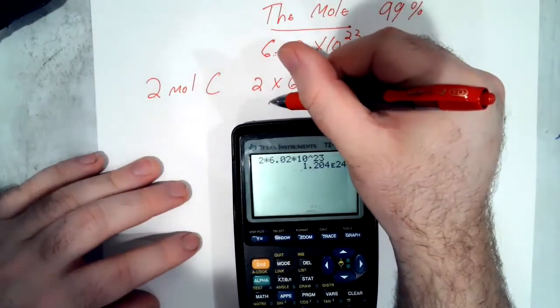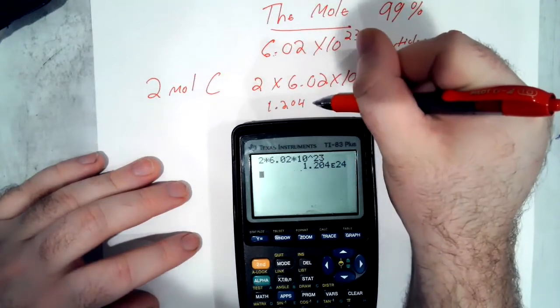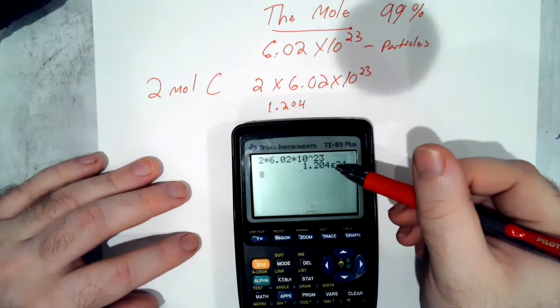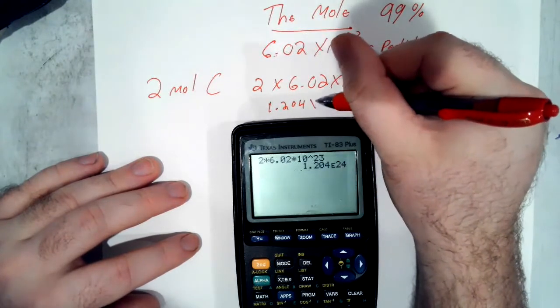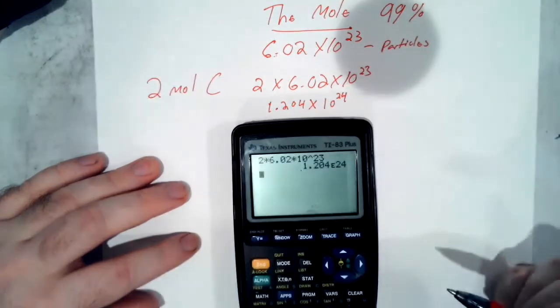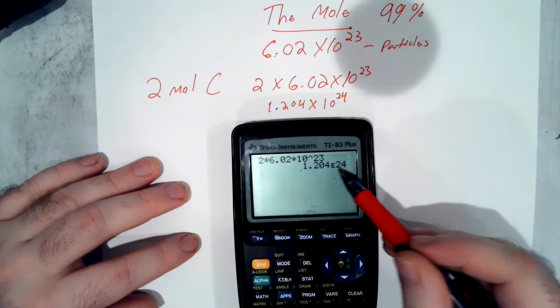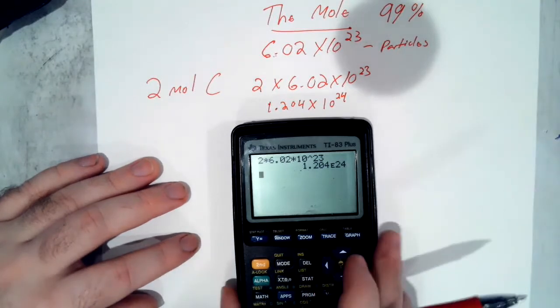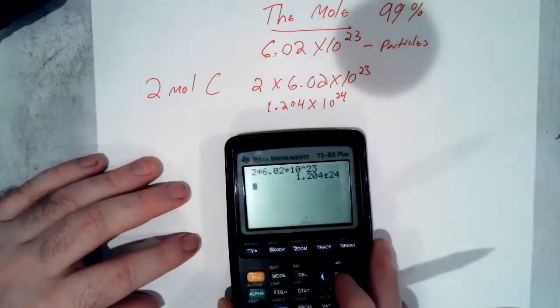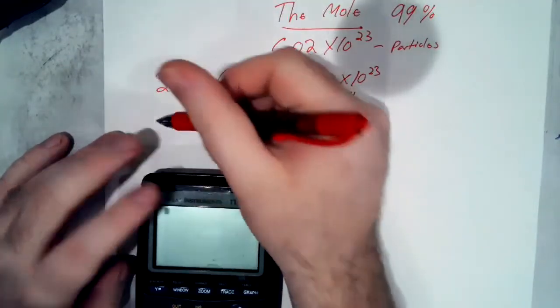Well, 1.204, that capital E right here, means times 10 to the 24th power. So when you see capital E, that means times 10 to the, and the number that comes after is the exponent. Okay. Now, what if I wanted to know something different, like half a mole?